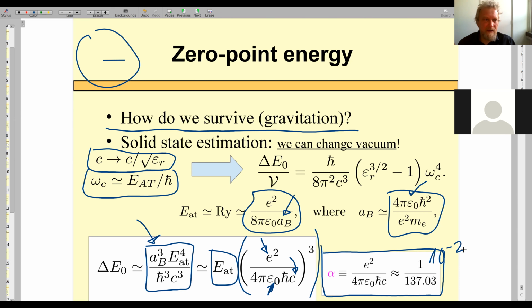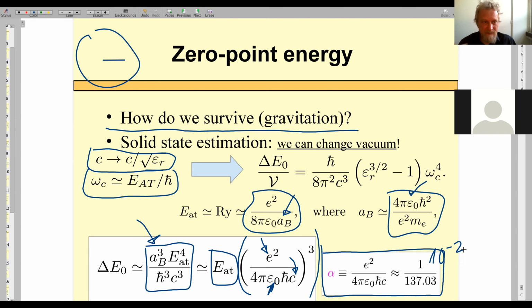Good. What is our conclusion? The conclusion is that the zero-point energy, which is kind of in our grasp, at least you can fill the space with atoms and thereby modify photon oscillators.